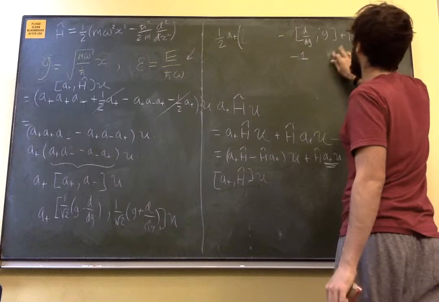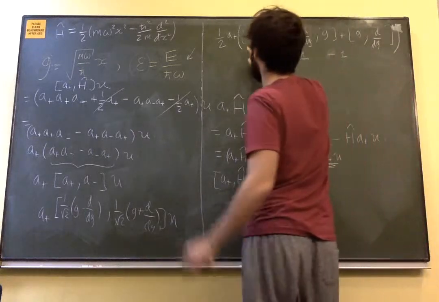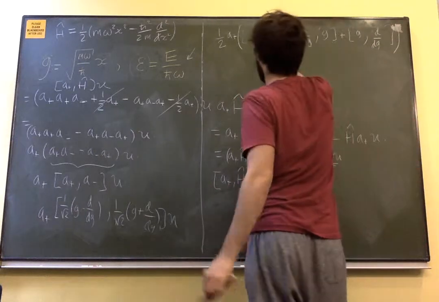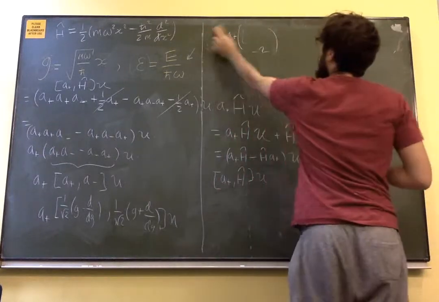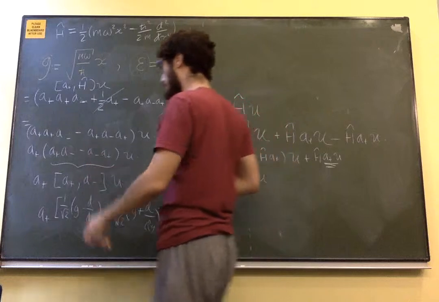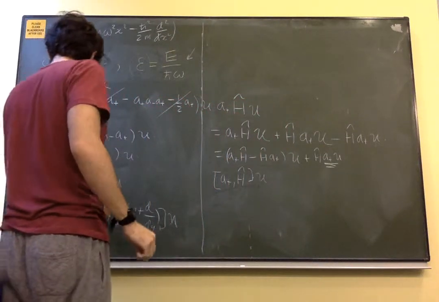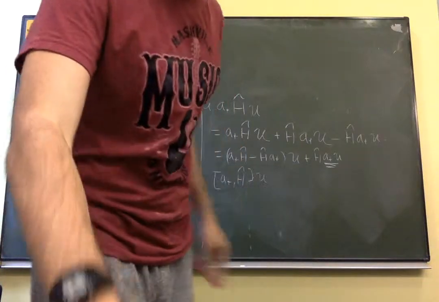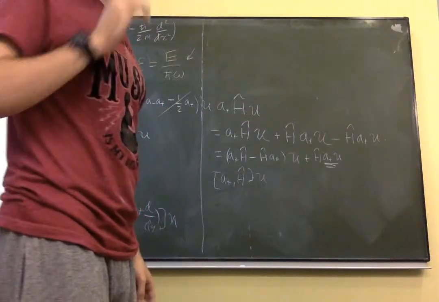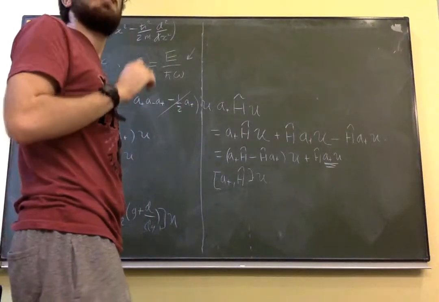This thing right here is minus 1. So it's minus 2, and this whole thing simplifies to minus 2 times a half. This gives you minus a plus. So that's pretty straightforward. This commutator right here simplifies to minus a plus.